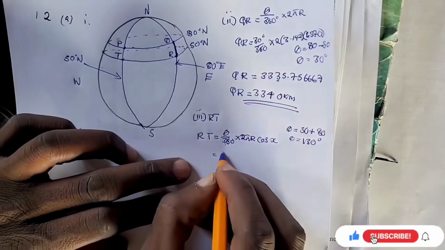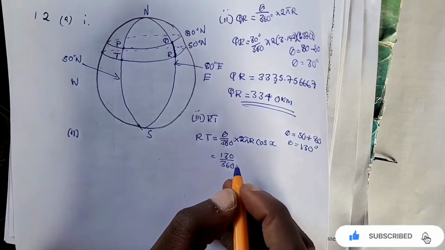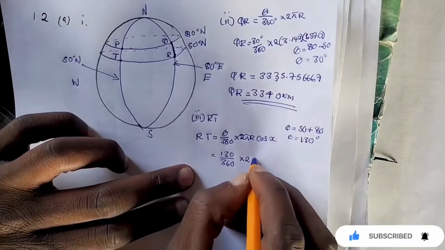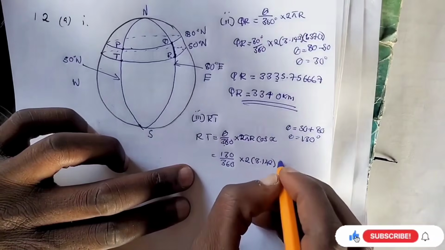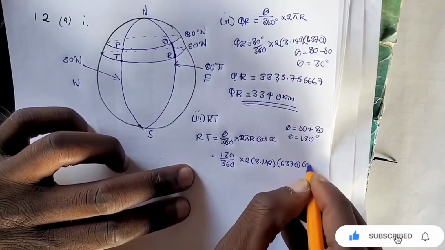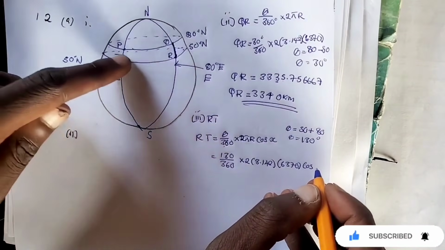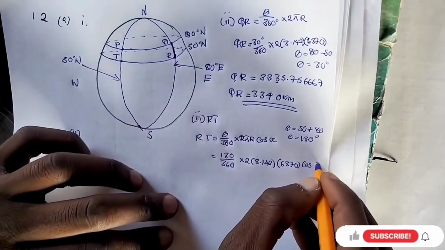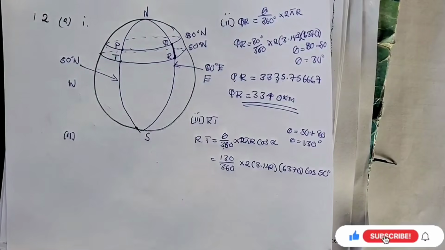So here it's going to be 130 divided by 360 times 2 times 3.142 times 6370 cos X. Now the X is the latitude on which TR is. On 50 degrees. Okay, like that.